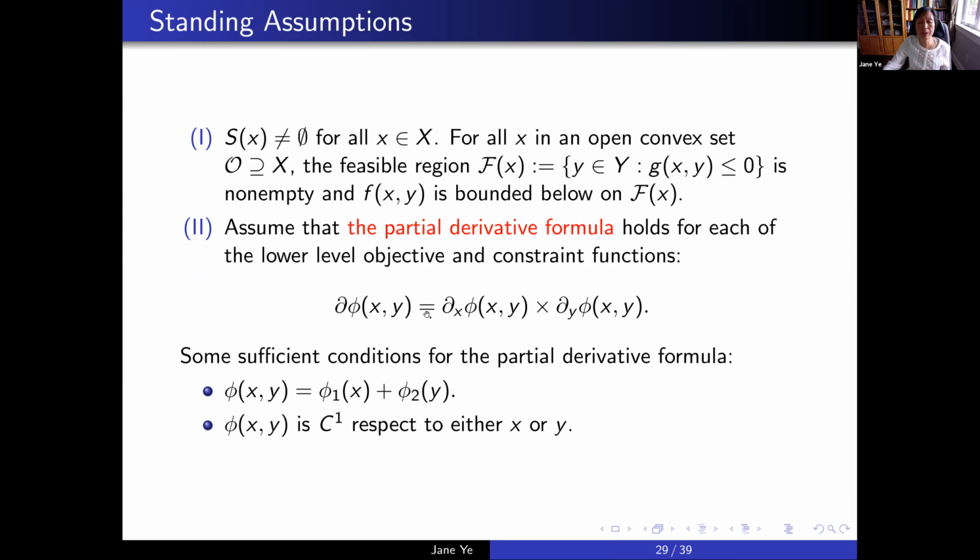Normally we may not have equality. If they are differentiable, of course it is equal, but if not differentiable, we need this formula to be true. We call it the partial directed formula. For example, if the function is separable in variables x and y, then this is true, or if it is C1 with respect to either x or y.